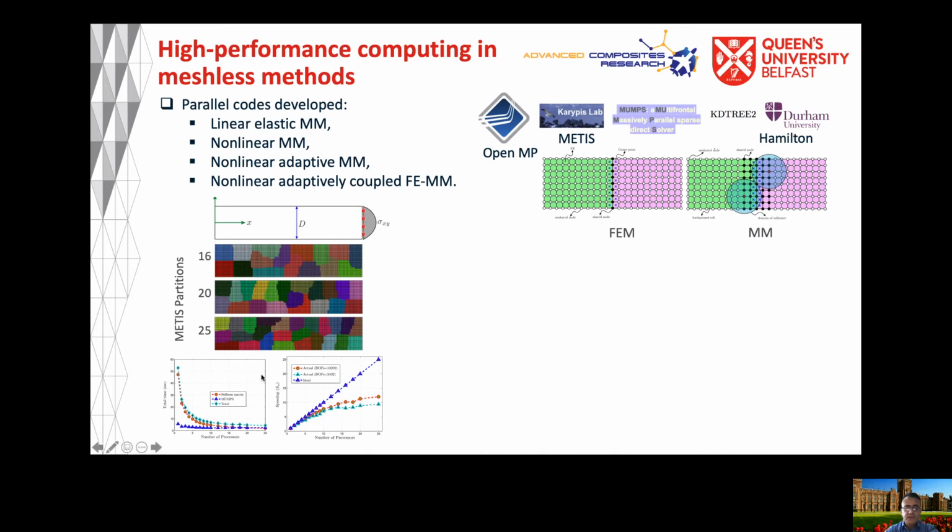As you can see in this figure, we can solve this beam subjected to some sort of loading in parallel. You can see this is the partition of the discretization. In this figure, we can see that if we increase the number of processors, then the simulation time decreases, and the speed up is also increasing with increasing the number of processors.